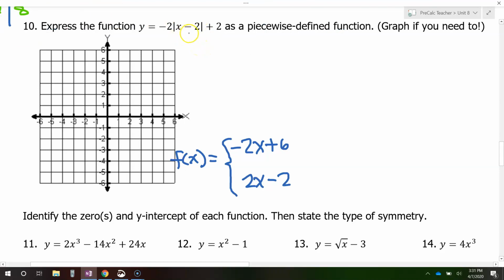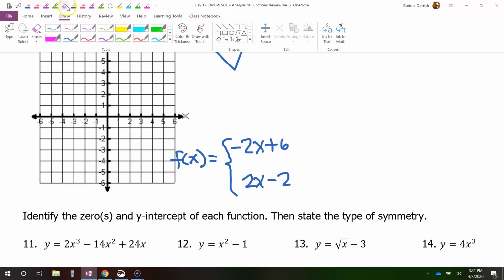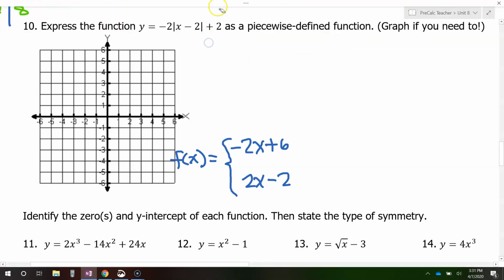Absolute value functions make a V shape. But because this one has a negative in front, I know that this will be an upside down V shape. Another thing I know is that the vertex of this V is going to be (2, 2).